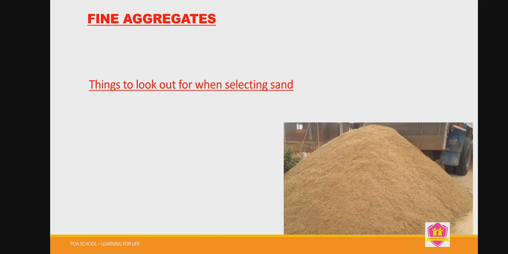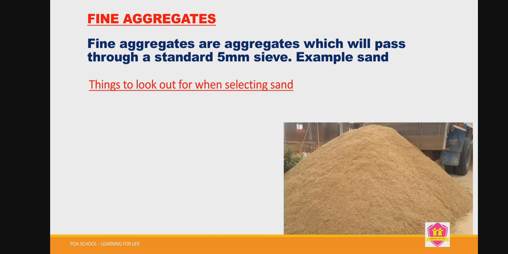Let's now look at fine aggregate as a whole. Fine aggregate is an aggregate which can pass through a standard 5 mm sieve, and a typical example is sand. Before one can select sand for any constructional purpose, certain factors must be taken into consideration.